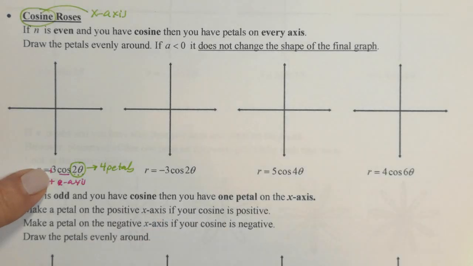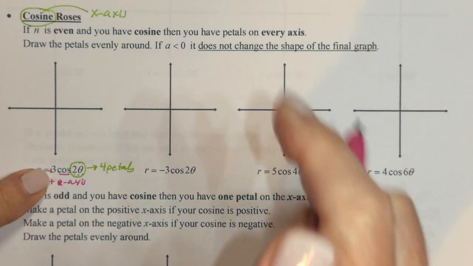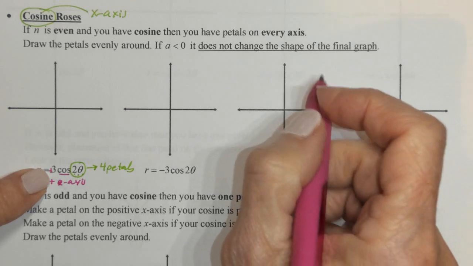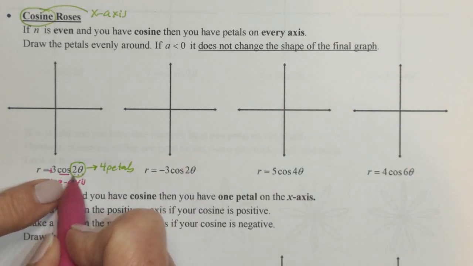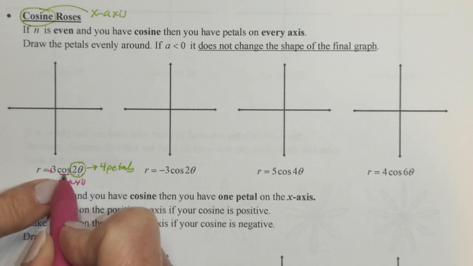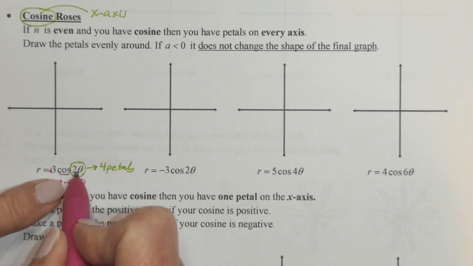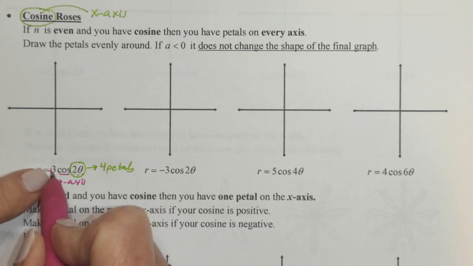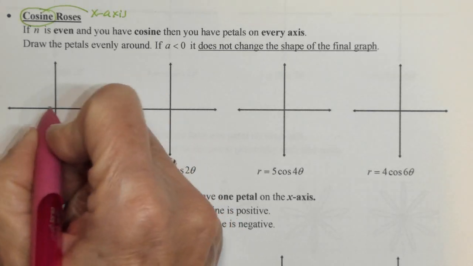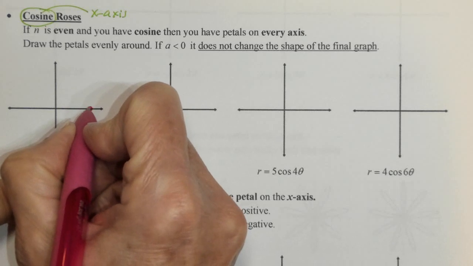Positive x-axis, 4 petals, each of length 3. Okay, now I'm going to show you something when we graph this. When theta is 0, I'm going to have cosine of 0. Cosine of 0 is 1. 1 times 3 is 3. So when theta is 0, I am out here at 3.